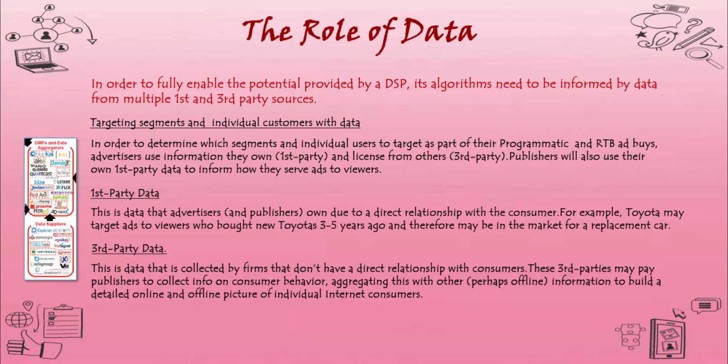In a third party, this data is not with the advertisers but with an external agency which has the data of a particular user, and the advertiser buys this data from the third party or the external agency. What does a user do after visiting a website or searching for a term?